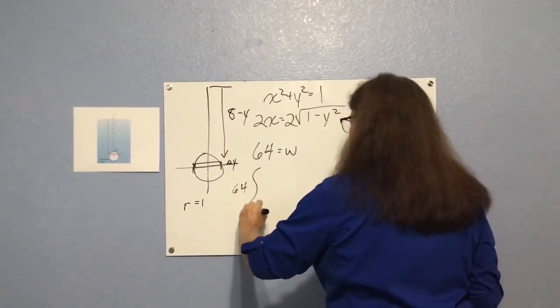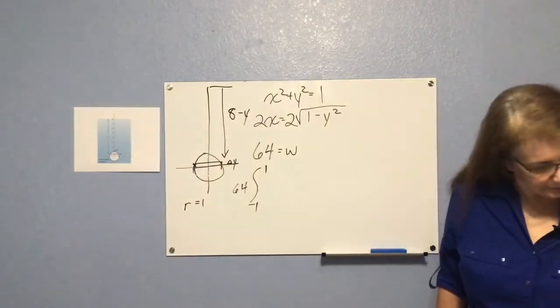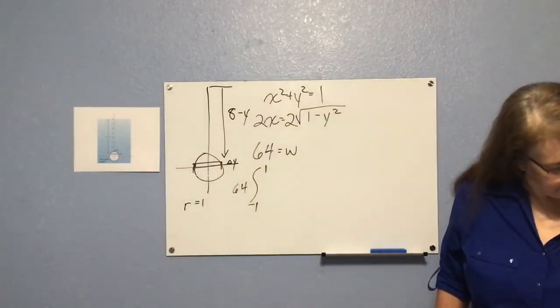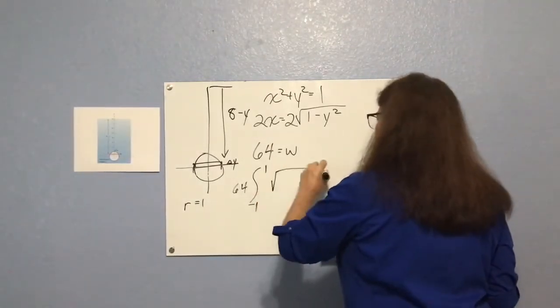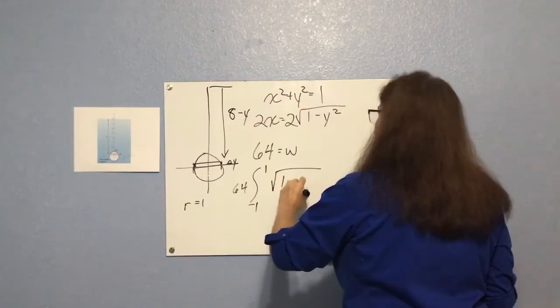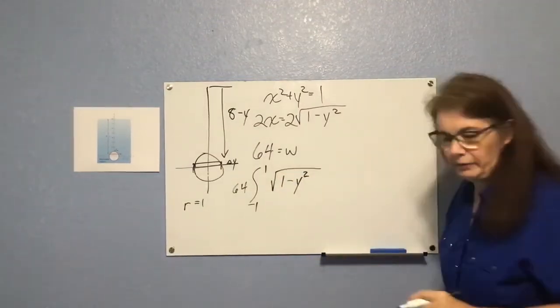And we're going from negative 1 to 1. So there's my L of y.